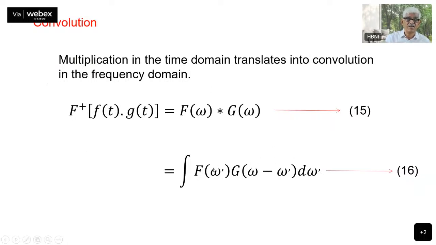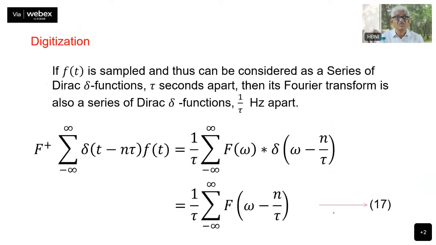And this is typically used when you do so-called window multiplication. You collect an FID and then you process it, you multiply by an exponential function or a sine bell function or a sine square bell function, all kinds of multiplications you do to beautify your spectrum, right? That is the basis of it. When you do this, it will improve the quality of your spectrum, and this is the theorem which is important for that.